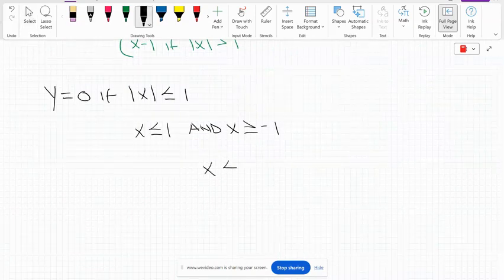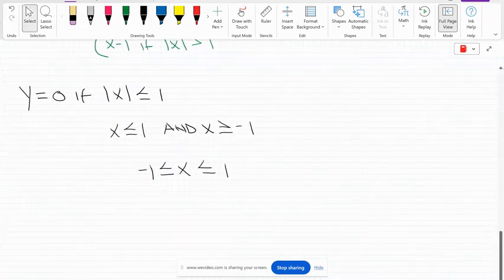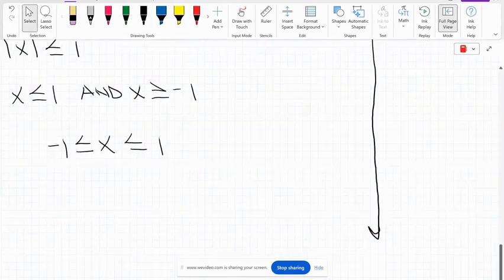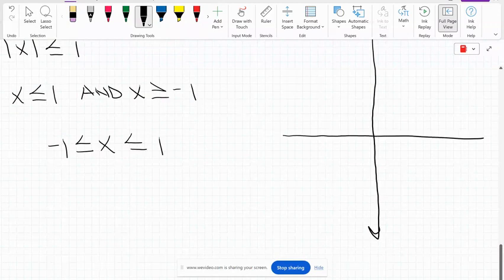X will be less than or equal to 1 and greater than or equal to negative 1. So we will sketch this. So we are between negative 1 and positive 1, and it's right between them, right there.